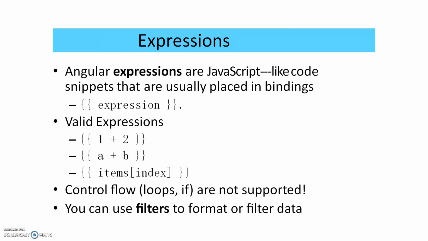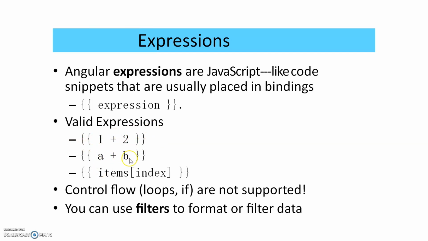The second feature of Angular is expressions. You can write expressions. What are Angular expressions? These are JavaScript-like code snippets that are usually placed inside double curly brackets. This is the syntax for an expression: double curly bracket, whatever expression you want to give, and close the double curly bracket. A few examples: 1 plus 2. When this HTML file is shown, instead of this it will display 3.